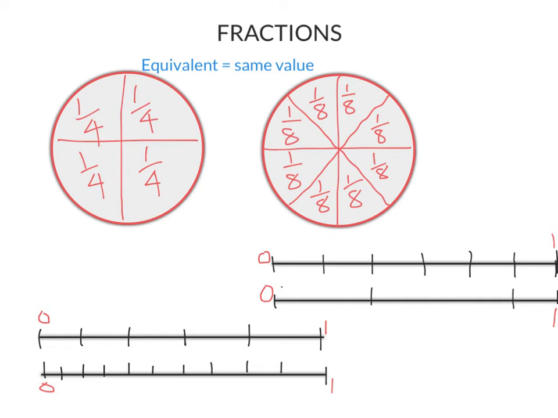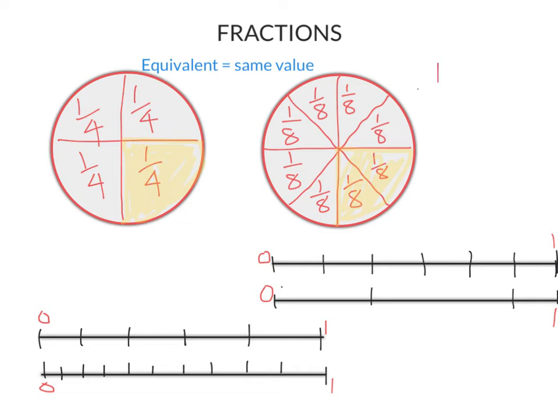These two circles are exactly the same size, and this section here is the same as this section here. So if I cut a pizza into quarters and I gave you one of those quarters, you'd get the same amount of pizza as if I cut it into eighths and I gave you 2 of these eighths.